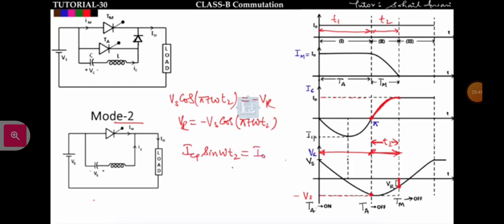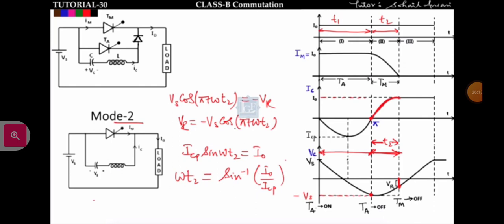So from this equation we can find omega t2. Omega t2 will come out to be sine inverse of I naught upon ICP, where ICP is Vs under root C by L, that we have discussed in lecture number 6. So T2 will come out to be 1 upon omega, that is under root LC, times sine inverse of I naught upon ICP. We can find T2 from this equation.